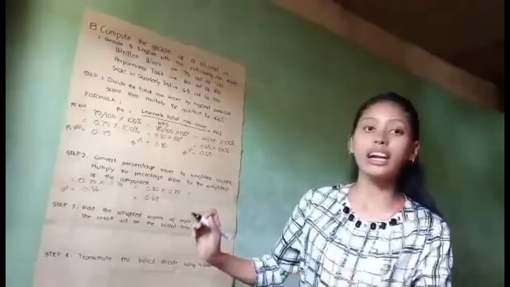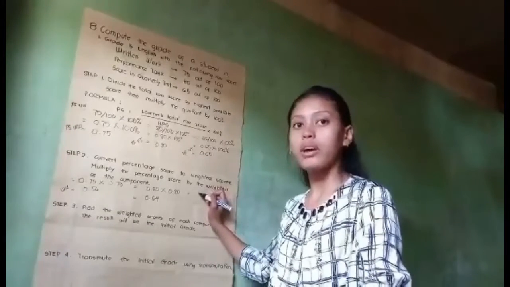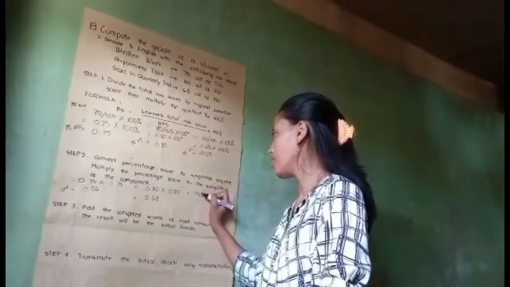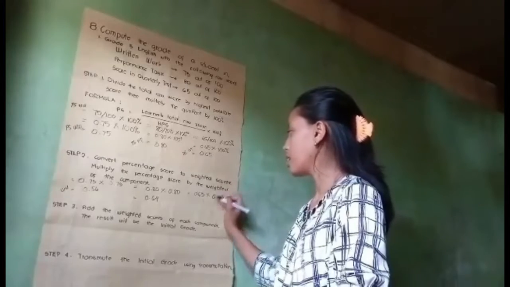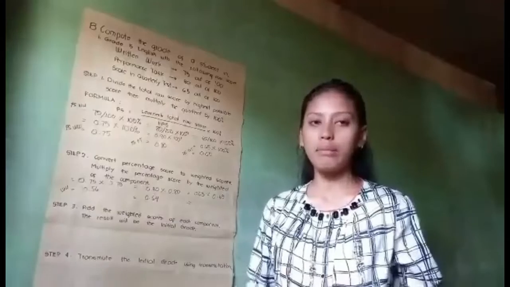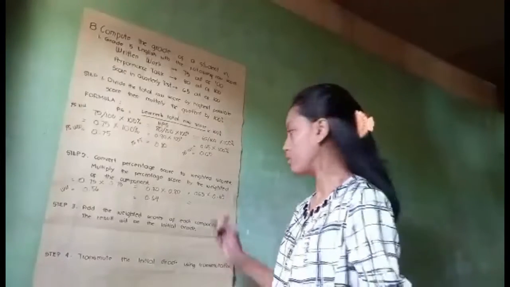And lastly, the quarterly test. Our percentage score of the quarterly test is 0.65 times 0.65. So 0.65 times 0.65 equals 0.42.